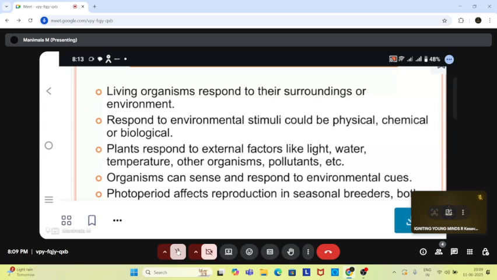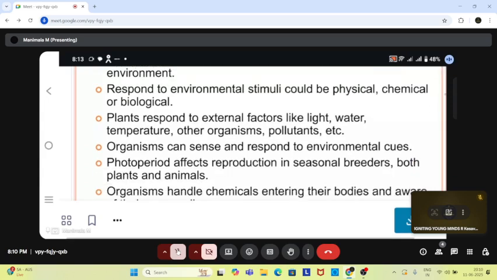Other organisms and pollutants also affect the plant. When pollution is present, the plant is not able to grow further. So organisms can sense and respond to environmental cues. The photoperiod effect: what is the photoperiod here?